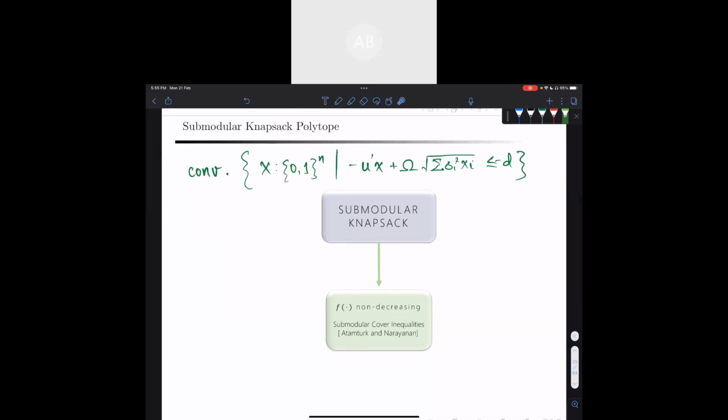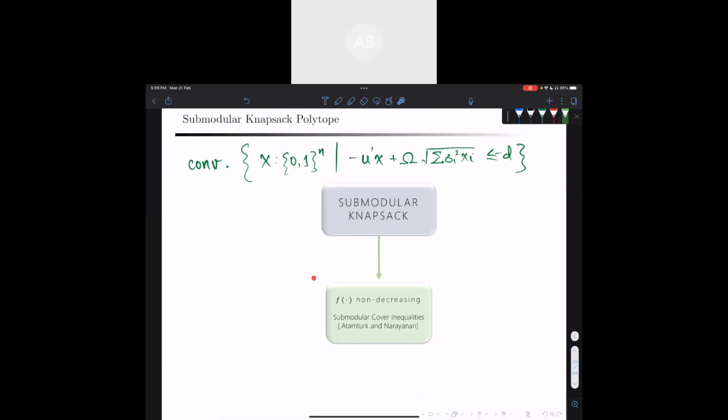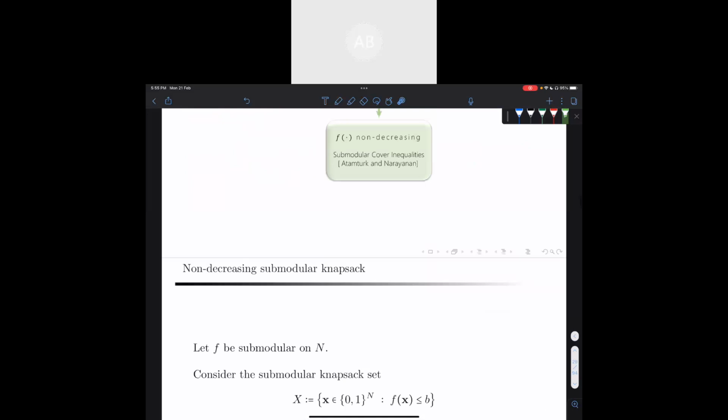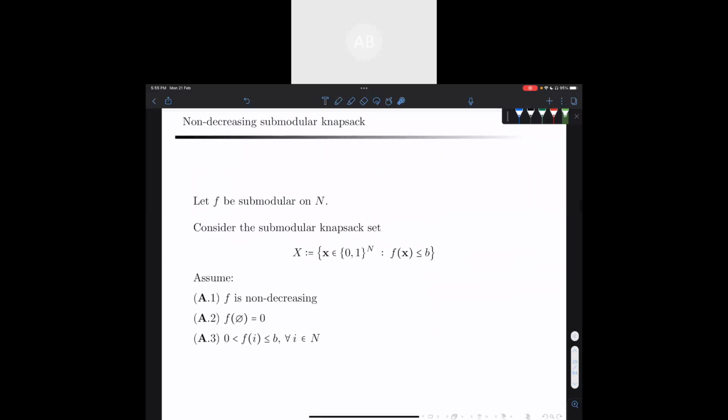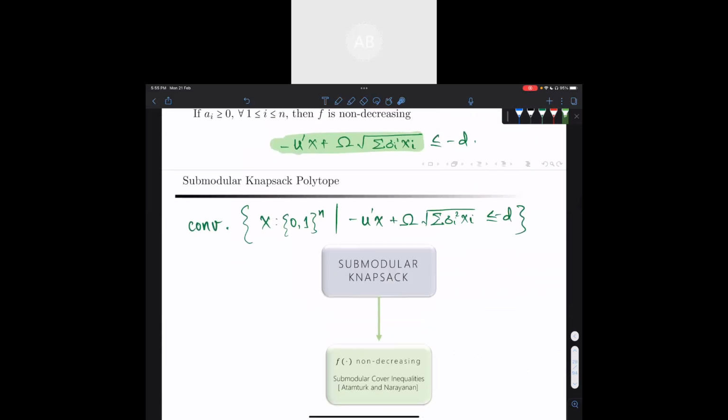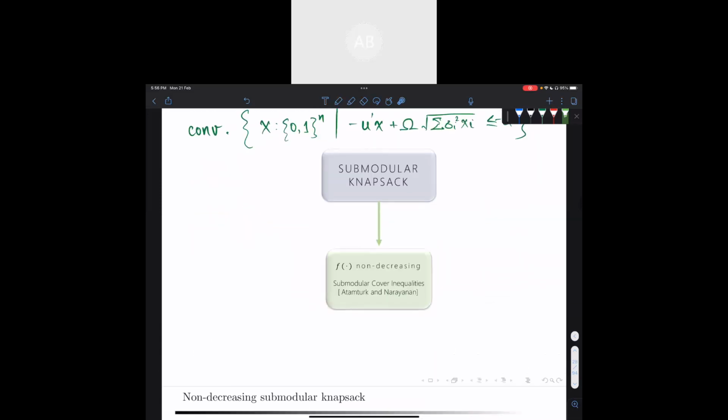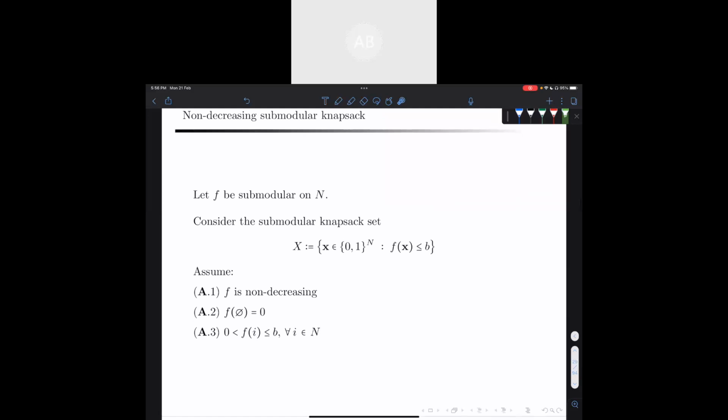Before I go there, I want to identify that the case when f was non-decreasing was already covered by Adam, Turk, and Narayanan. They defined some submodular cover inequalities. Now forget what we are looking at. We have identified that the set we are looking at is a submodular knapsack. Now let's look at this particular case of non-decreasing submodular knapsack.